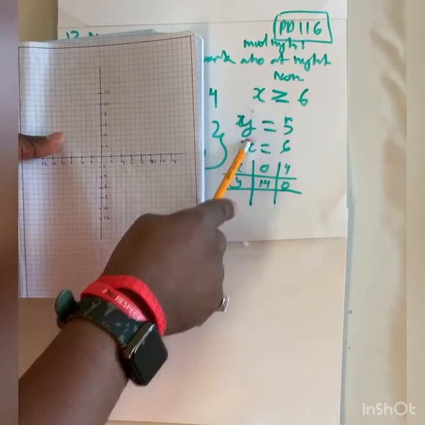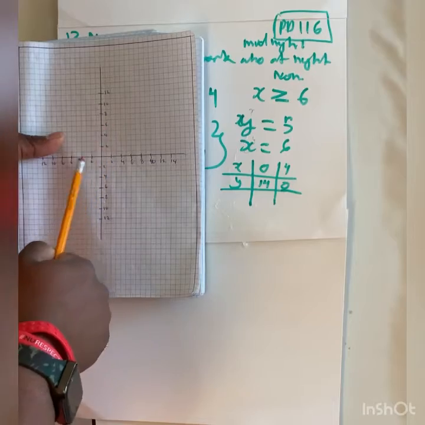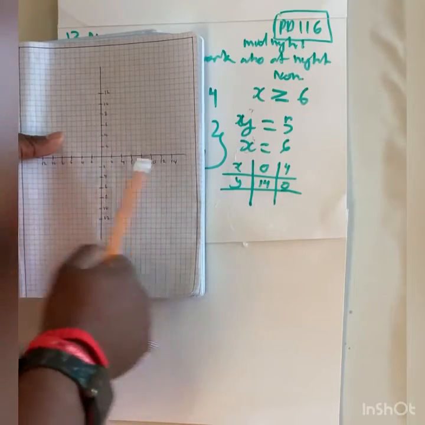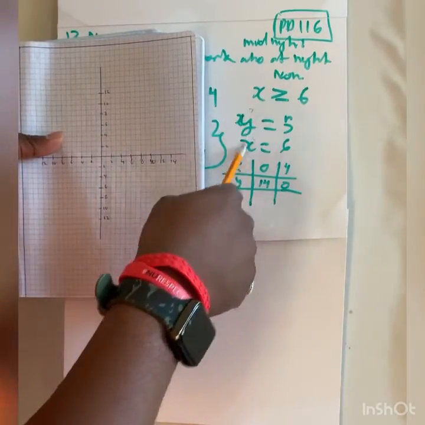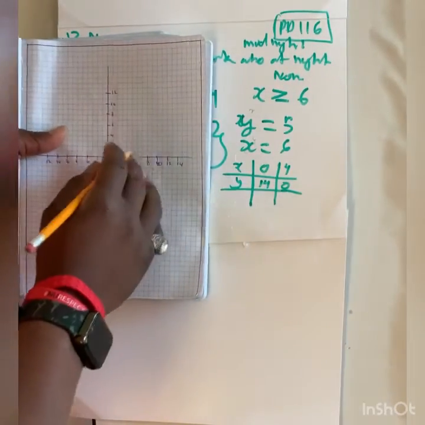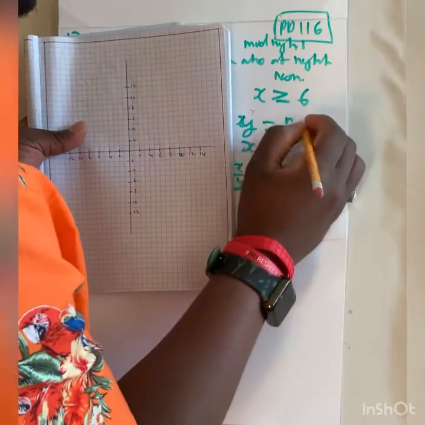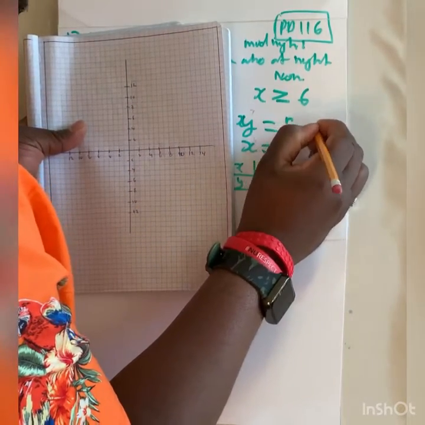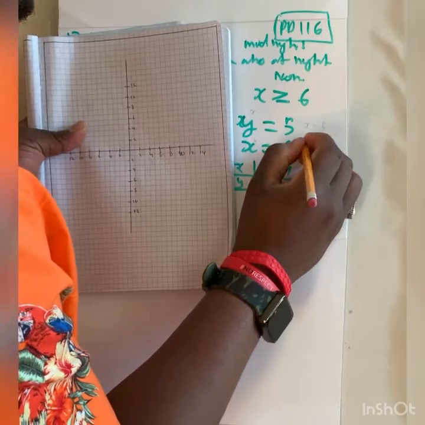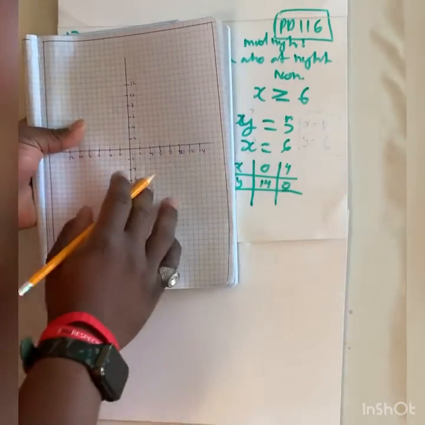So instead of this, I'm going to say X is 5 and Y is 6. So this is the way I'm going to graph it.